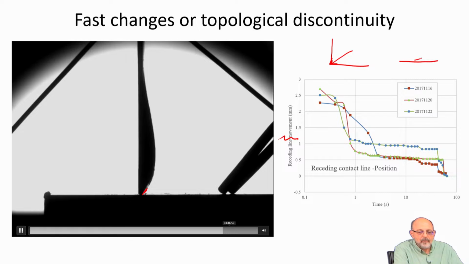If it was on the flat, it would be 140. But because it is in the corner, it is indeterminate. You cannot write Young's equation in the corner.